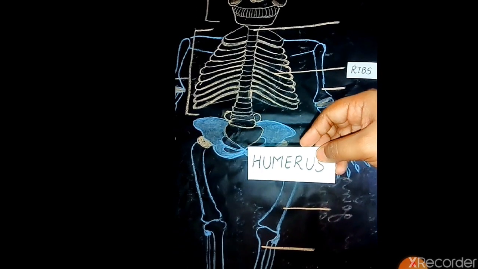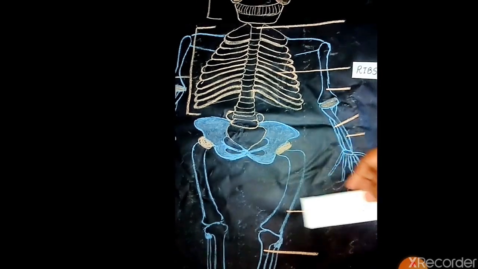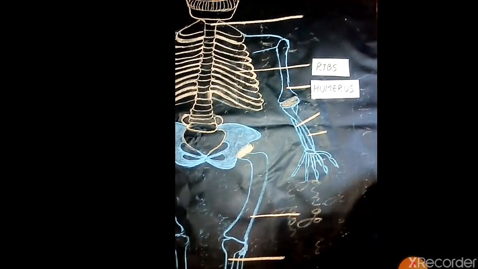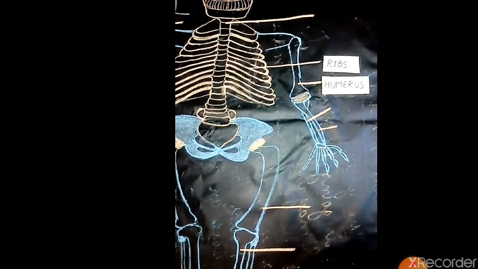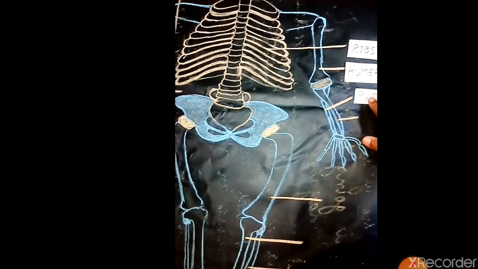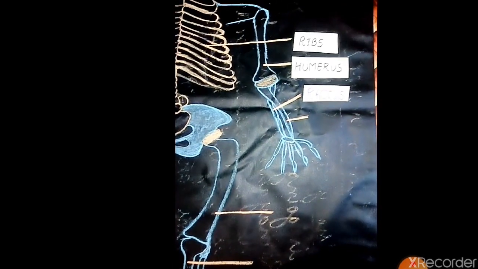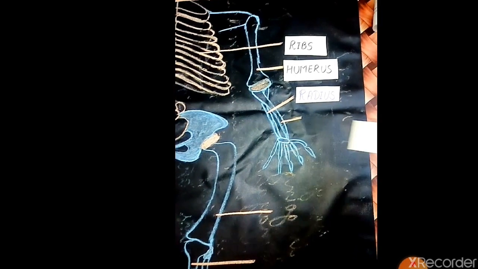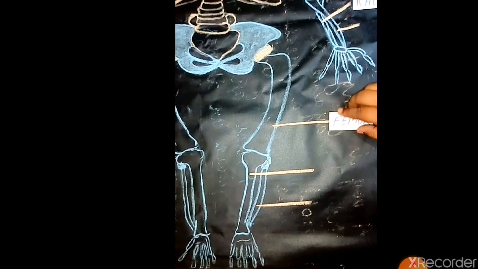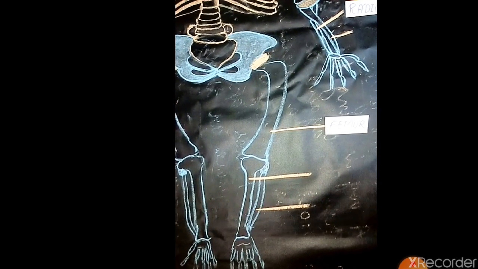Humerus. Where is the humerus bone? I have told you one trick also. Yes, the upper arm is the humerus bone. Very good. Where is radius? Wow, radius and ulna are together. This is the next part of the hand. Femur. Something special about it. Very good. It's the longest bone of our body.